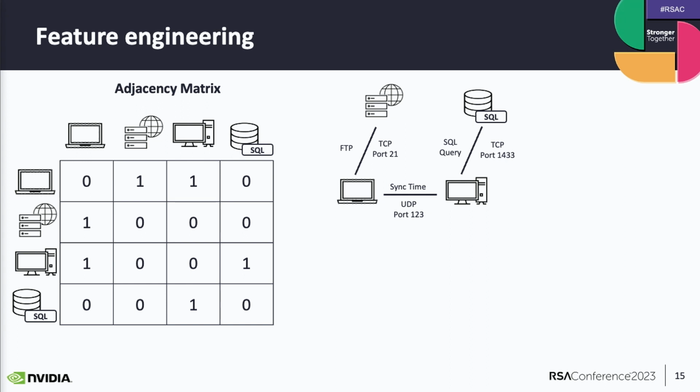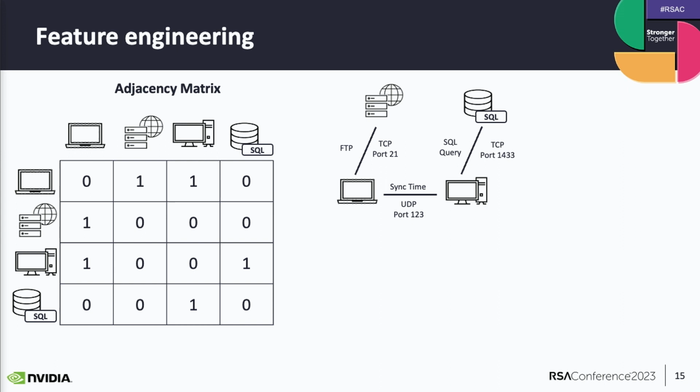So for instance, if you look at the first row here corresponding to this laptop, because it talks to this web server and the workstation, we'll have that entry in those corresponding cells. Similarly, if you look at this SQL server, because it only talks to the workstation, there is only going to be a 1 in this corresponding cell.